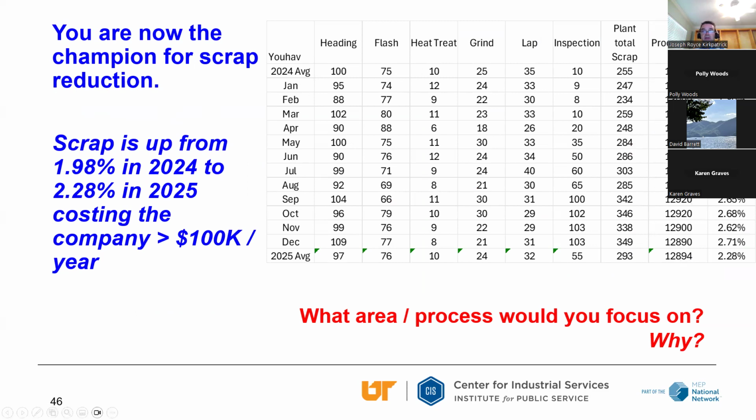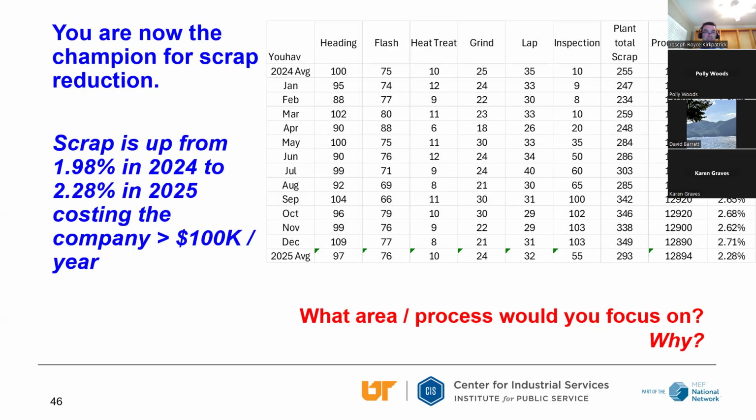Our average last year was 1.98, and our average this year so far is 2.28. And actually it went up from 2 to 2.4, 2.3, 2.2, 2.6, 2, and we're at 2.7 now in December. So just looking at the data, where would we focus?